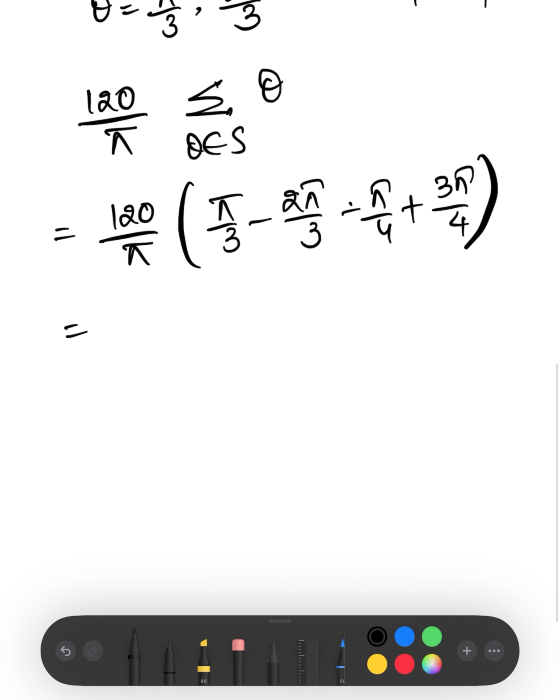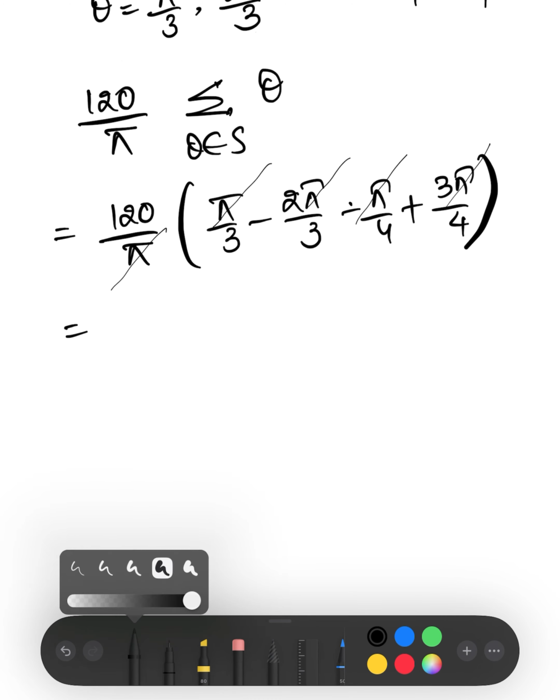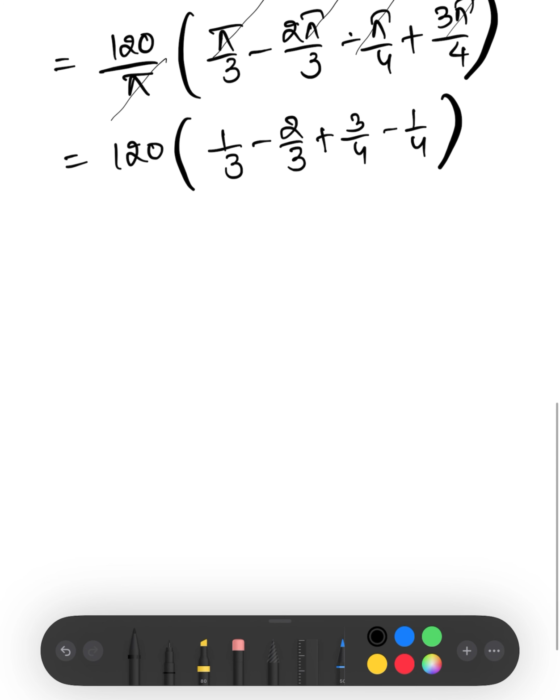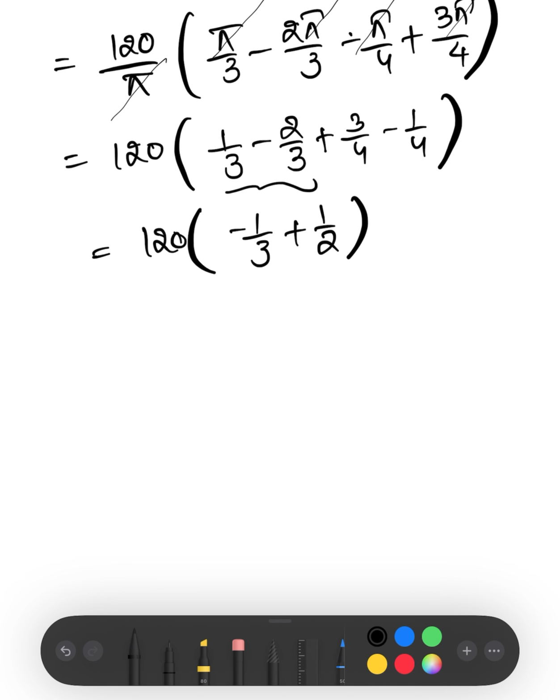Then I can take pi common and cancel it. Now 120 into 1 by 3 minus 2 by 3 plus 3 by 4 minus 1 by 4. To make the simplification easy, that is 120 into minus 1 by 3, and 3 by 4 minus 1 by 4 is 2 by 4, which is nothing but 1 by 2.